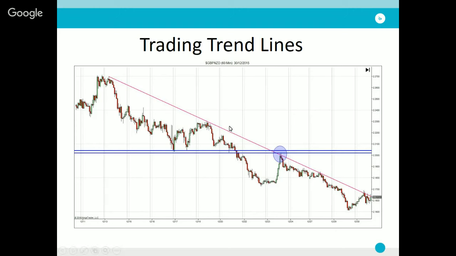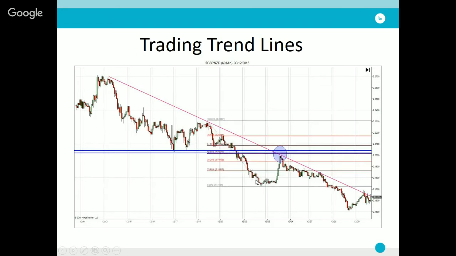So if we go ahead and add in our Fibonacci retracement from this last swing high down to this low, and then we can look to identify if we have any confluence between our clear Fibonacci levels and our trend line. So you can see immediately that we get really great confluence with the 50% retracement of that Fibonacci swing lining up perfectly with this broken support level now turned to resistance, and we have the bearish trend line overhead.